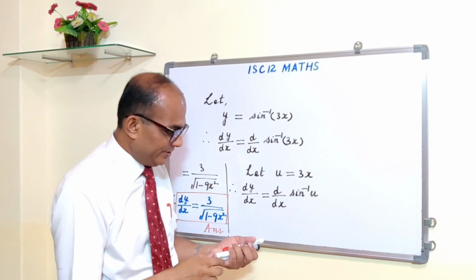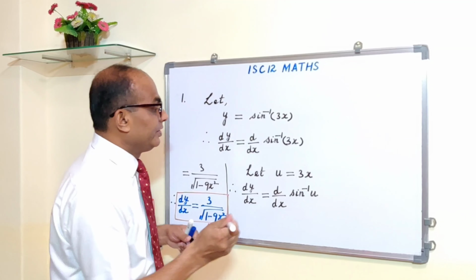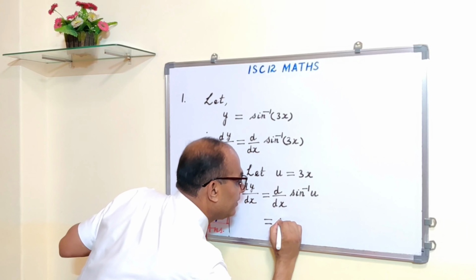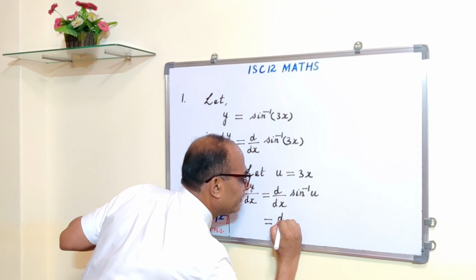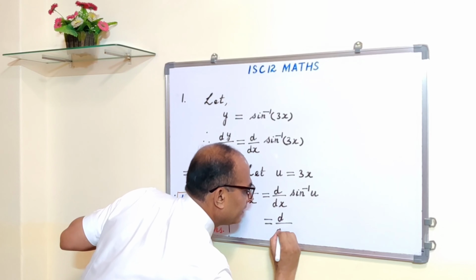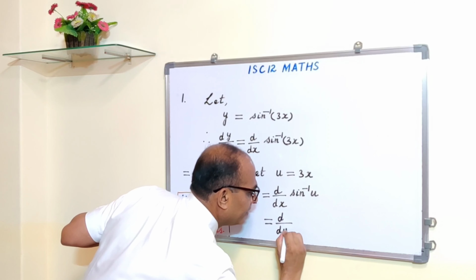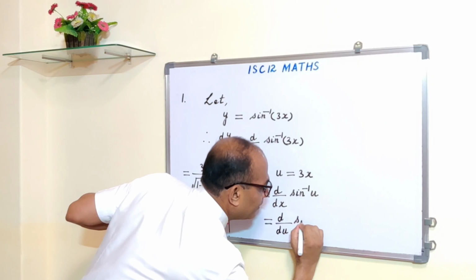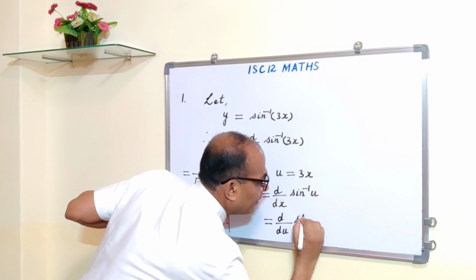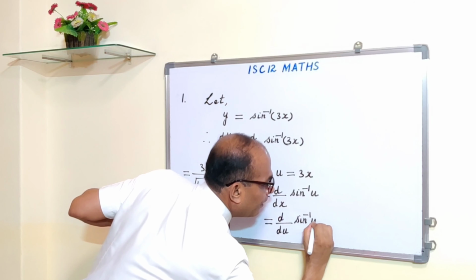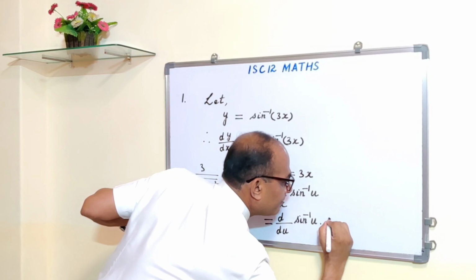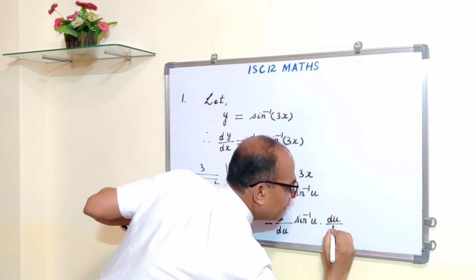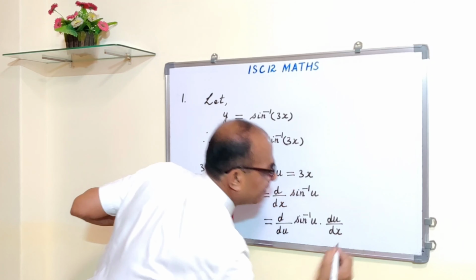So see how I'm adjusting. So this is equal to d du. I'm writing d du. Now you will say, why are you writing? How can we write down? So I am just telling you. d du of sine inverse u, and du upon dx.